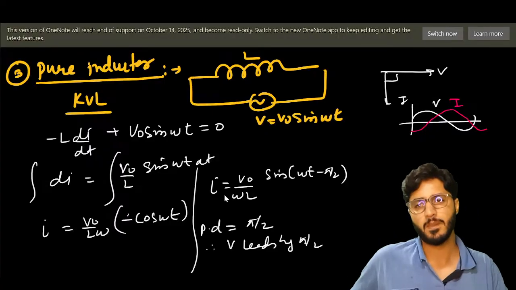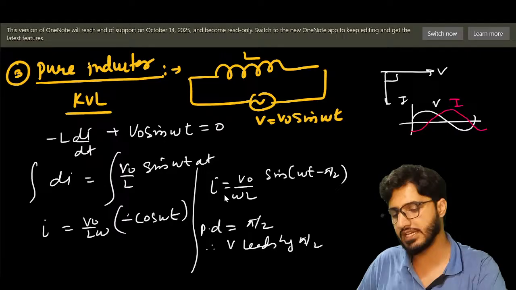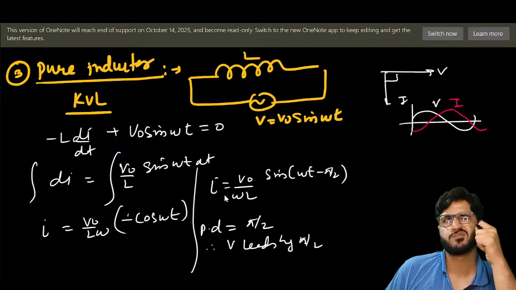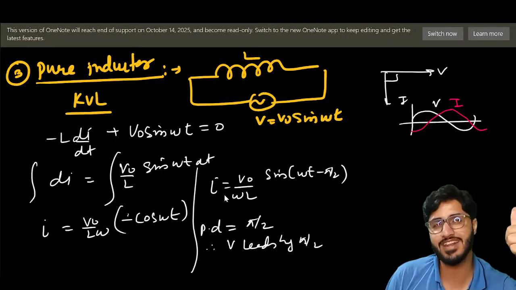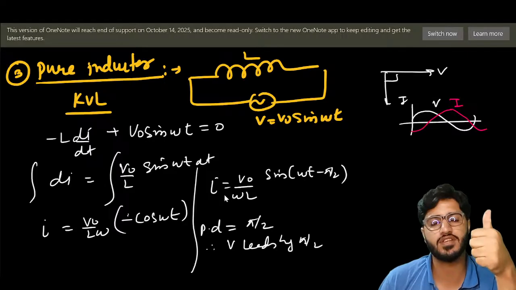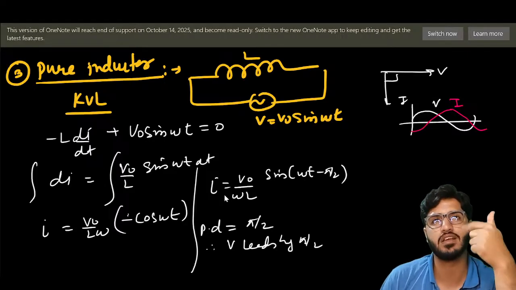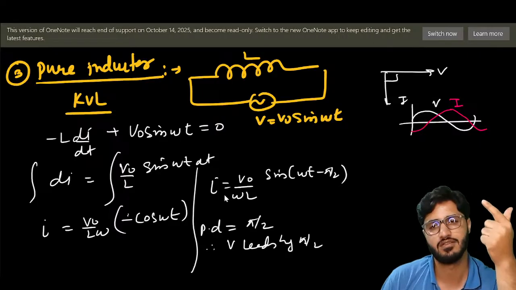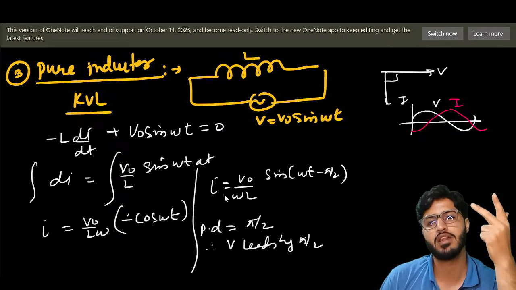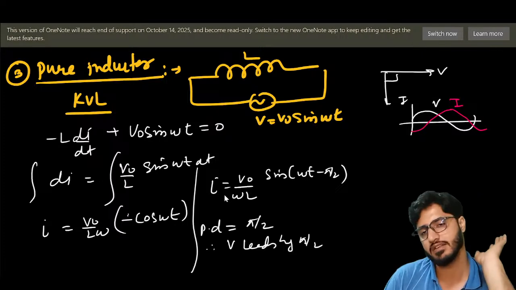So now, by this, we completed the phasor diagram, then pure resistor, pure capacitor, pure inductor. In a pure resistor, no phase difference, no lagging or leading. But in a pure capacitor, current leads by 90 degrees. But in a pure inductor, V leads by 90 degrees.